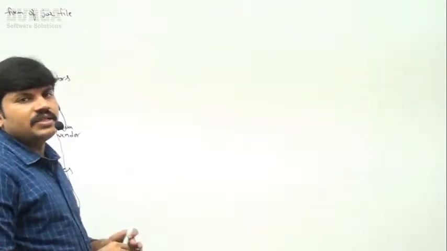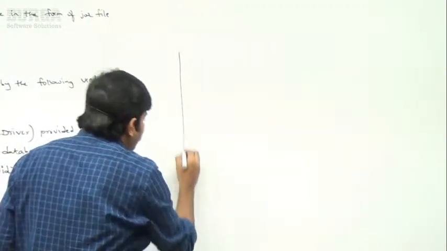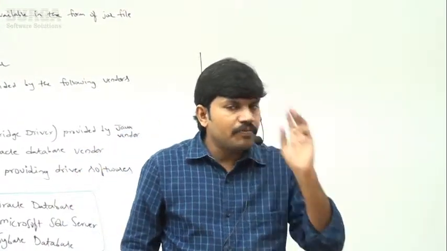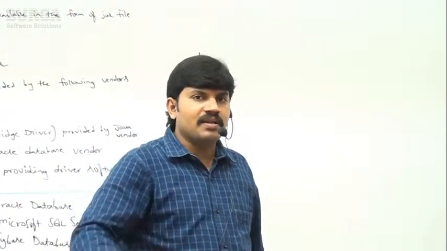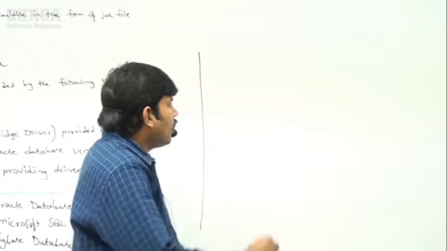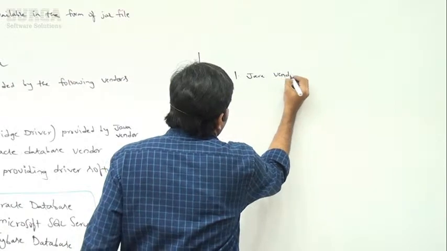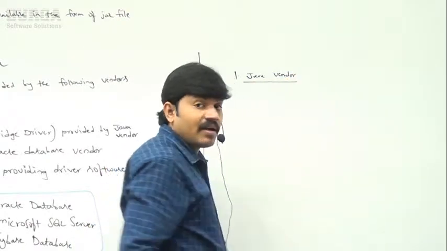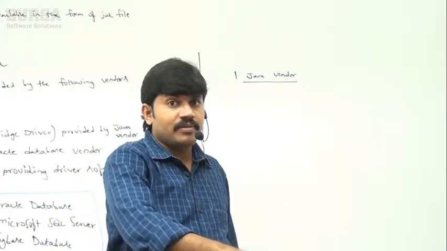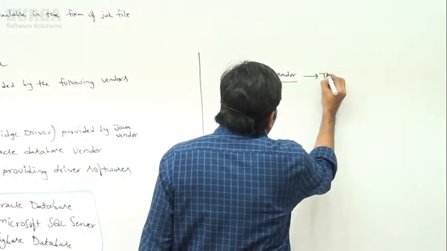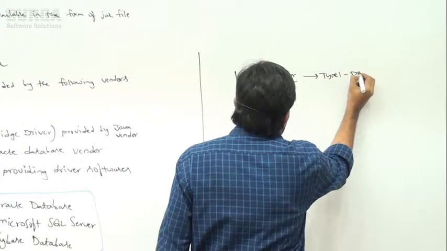In the Java environment or in the database, usually 3 types of vendors can provide my driver softwares. One is the Java vendor, a bit rare. The Java vendor will provide driver software. That driver software is type 1 driver software.